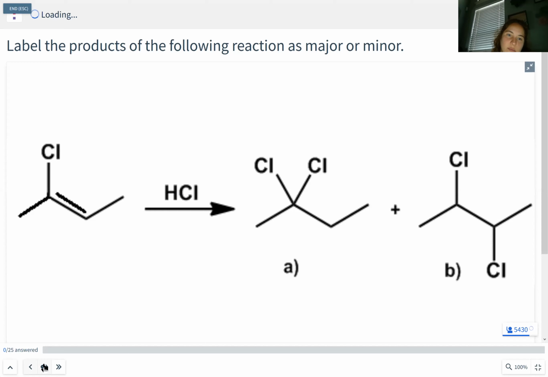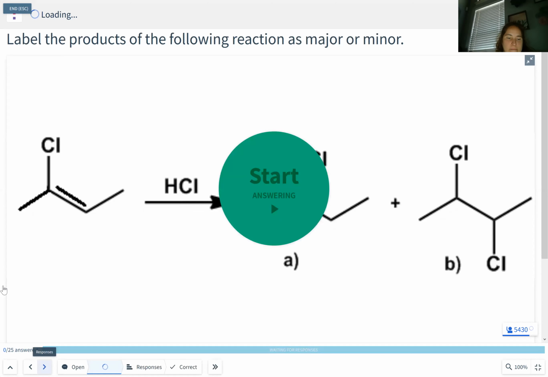So it says label the products of the following reaction as major or minor. It's telling me I cannot start the question. Come on. Okay. Showing up for us. Okay, that's good. If it closes, let me know.